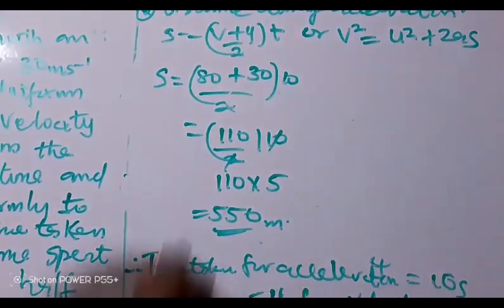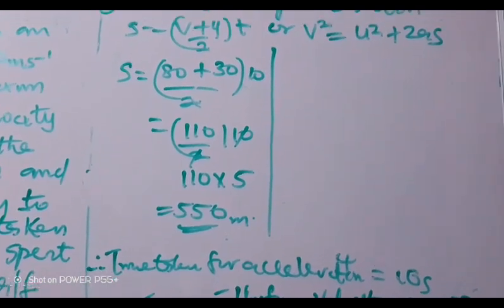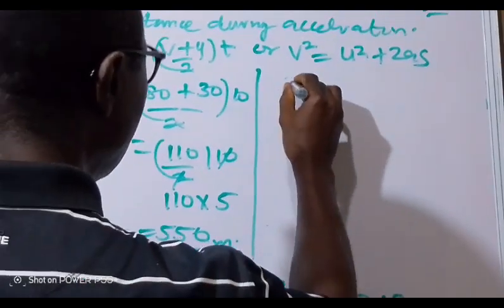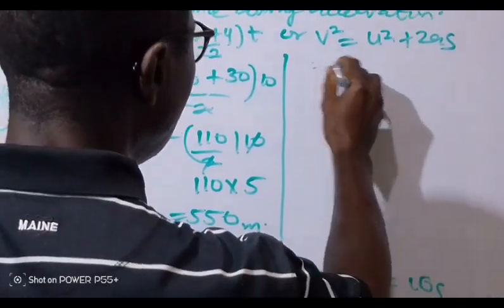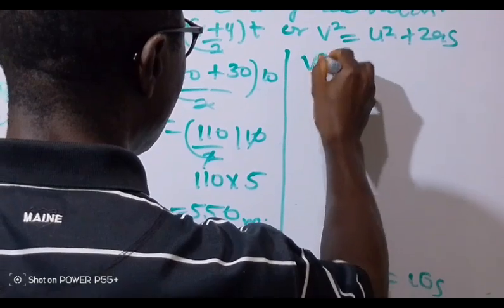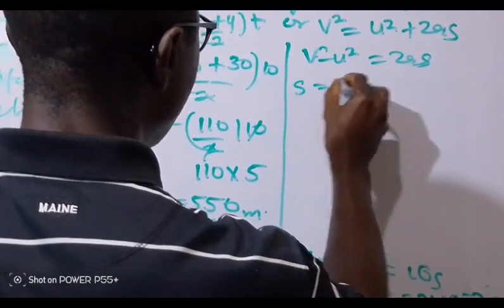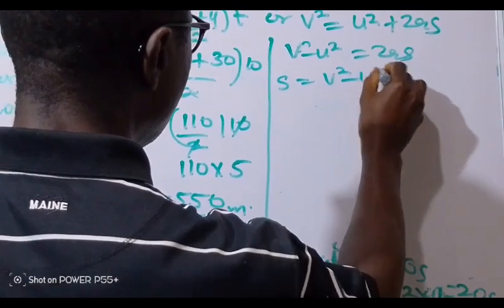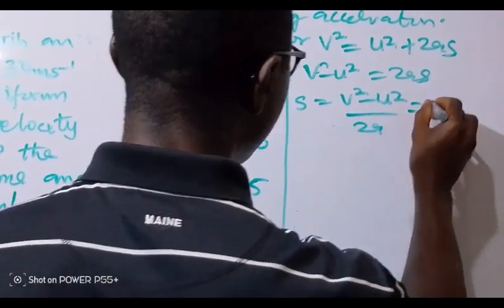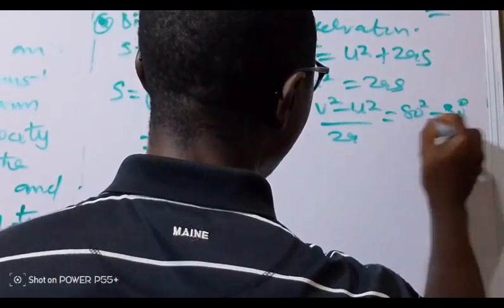Or if you want us to try it together again, let's see, maybe we are going to arrive at the same answer. Our V is 80 and we need S. So make S the subject of the formula. V squared minus U squared is equal to 2AS. S now is equal to V squared minus U squared, then over 2A. This one, 80 squared minus 30 squared over 2.